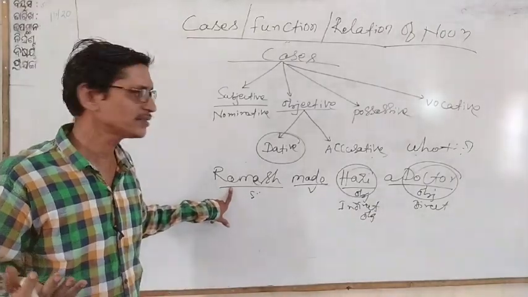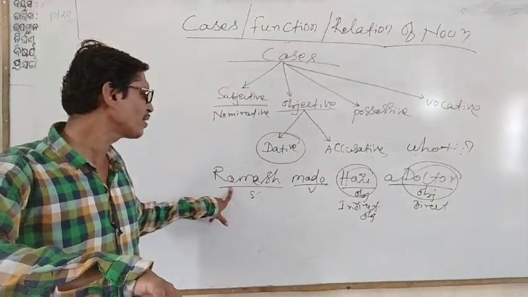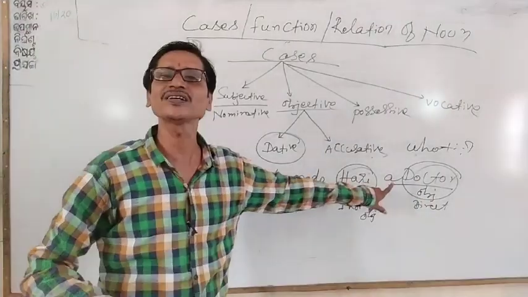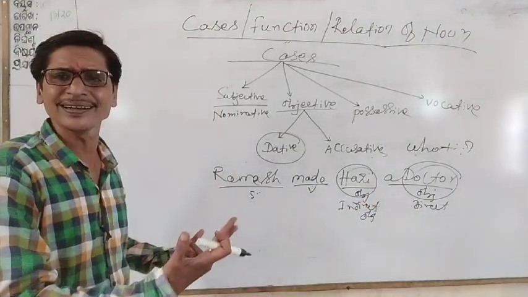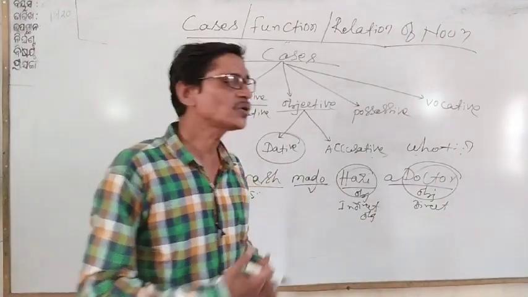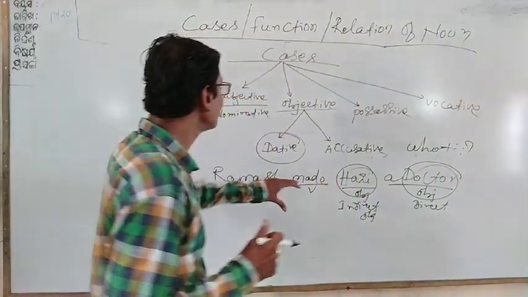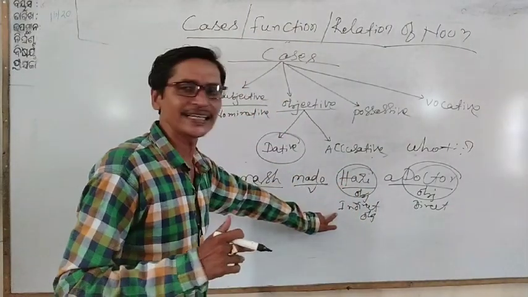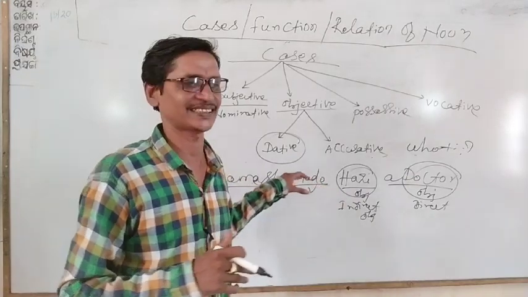Then comes Ramesh. Who was made a doctor by Ramesh? Hari was made a doctor. What was Hari made? A doctor. So we can say the living thing is an indirect object, therefore it is a dative case.